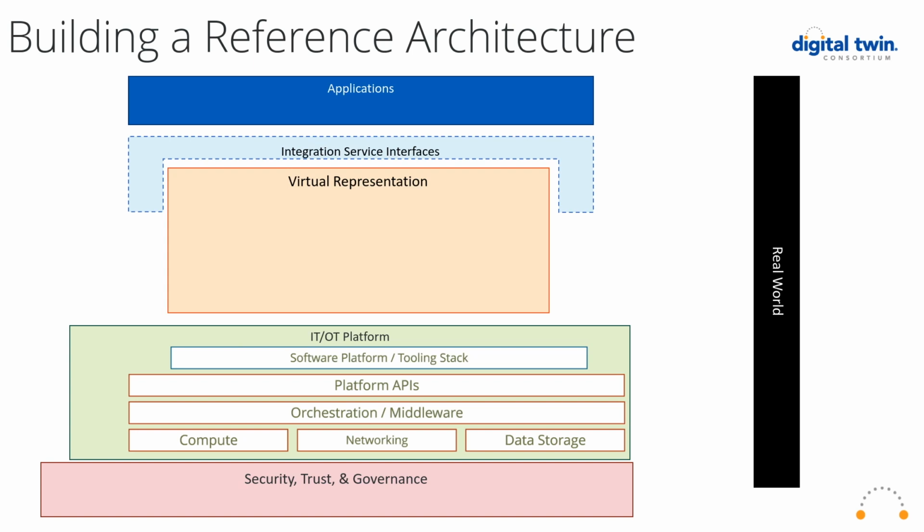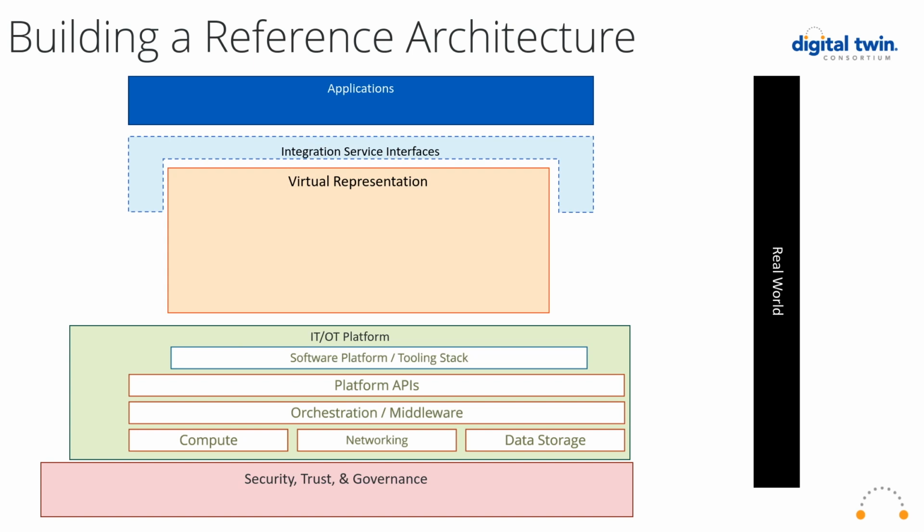So particularly around the IT and OT platform piece. So looking at cloud infrastructure, looking for data storage, data lakes, networking, compute, and GPUs, that type of thing. So fundamentally, we have this IT/OT platform without which we cannot run digital twins. We have nothing. And we have to recognize that there is a really interesting piece here around the tooling stack and what software tools, depending on what you're running and what you're doing.